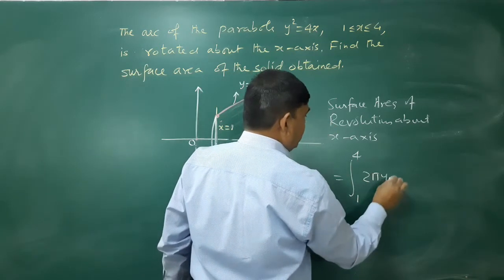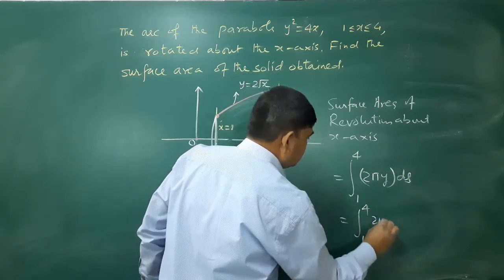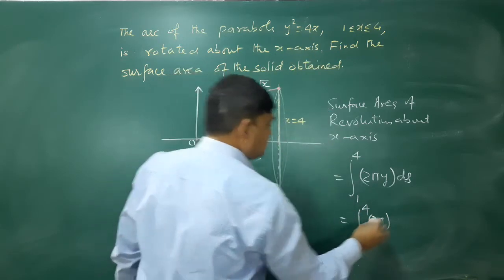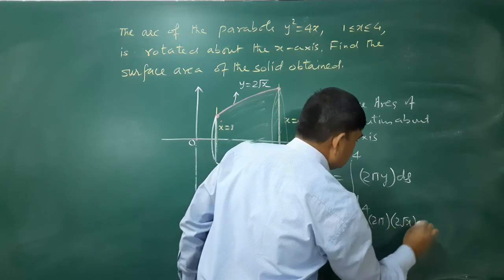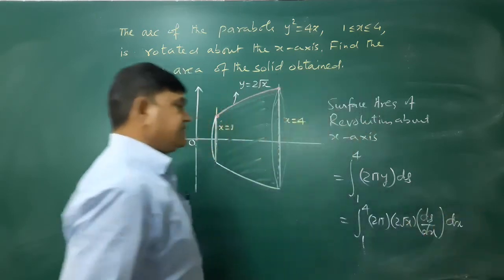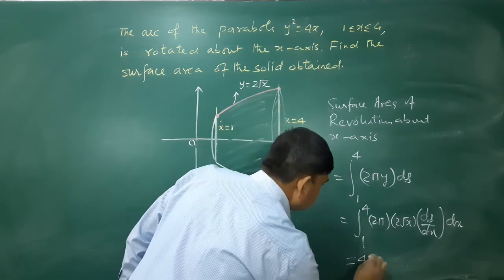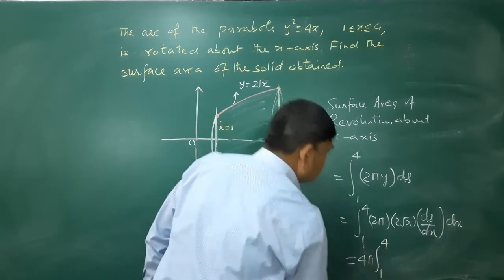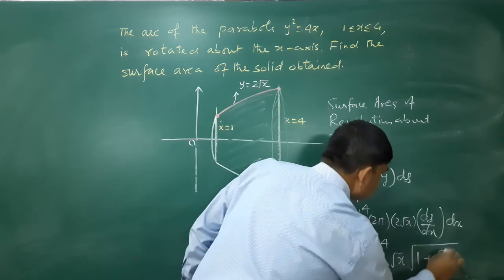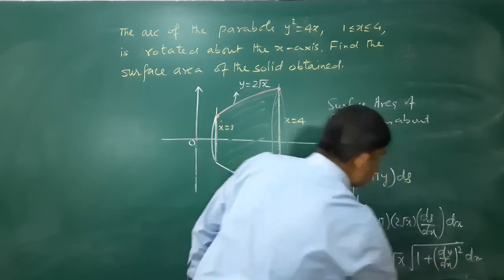2 pi y ds, 1 to 4, 2 pi. Y means 2 root x, and this is ds by dx. This is 4 pi integration 1 to 4 root x under root 1 plus dy by dx whole square dx.